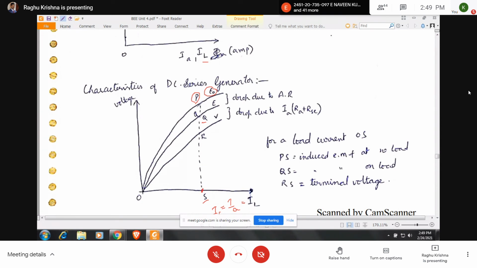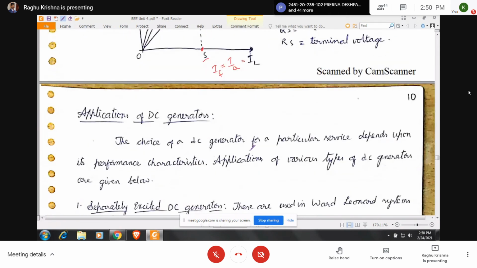So P is the induced EMF, Q is the induced EMF on load, and R, or simply RS, is the terminal voltage. So coming to the applications.